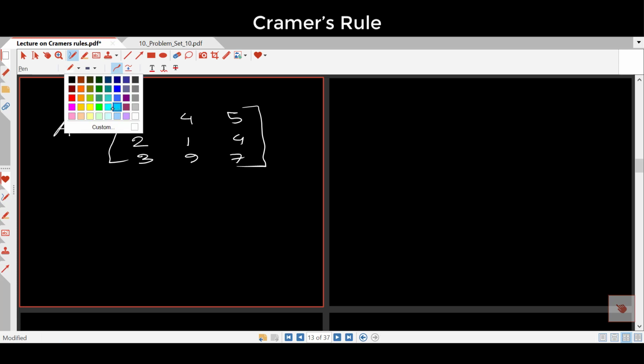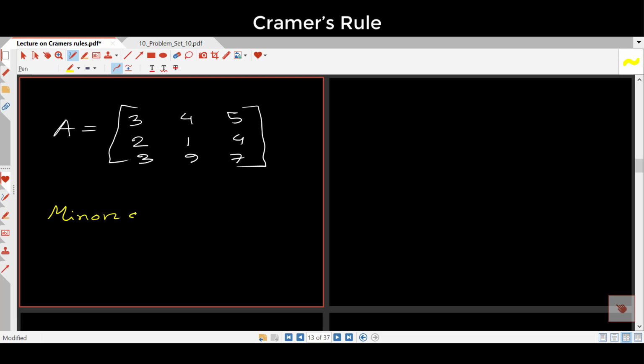Now we want to find the minor of the first entry. Remember, a minor can be found for any entry. So let's say we want to find the minor of entry 4.